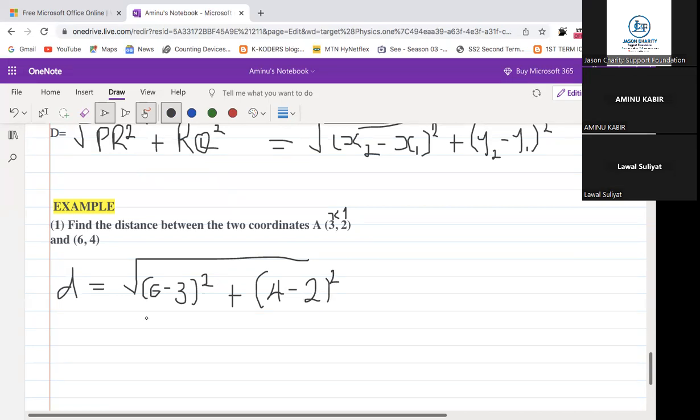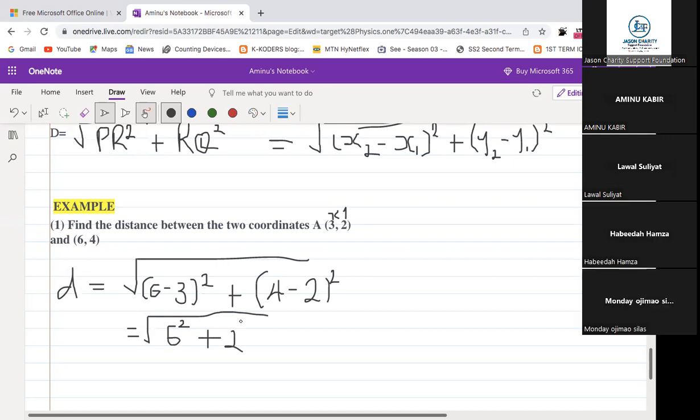Don't forget to square it. So this is going to give us 6 minus 3 squared plus 4 minus 2 will give us 2 squared. So if we quickly do this, 2 squared will give us 4.